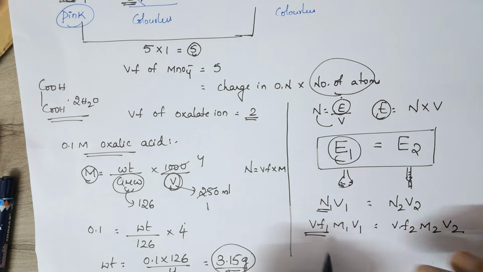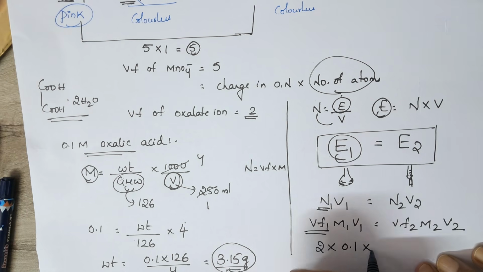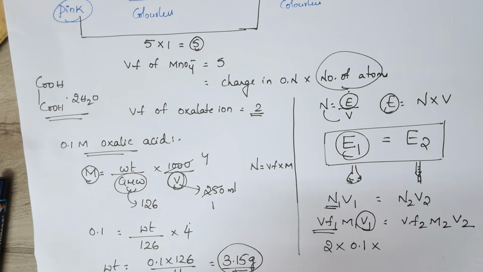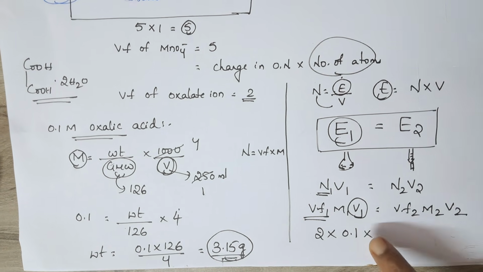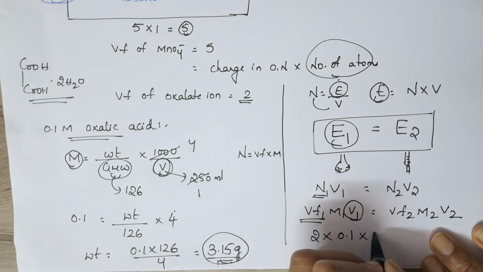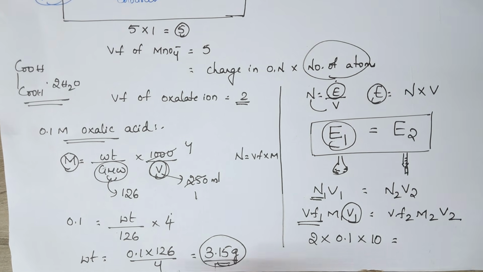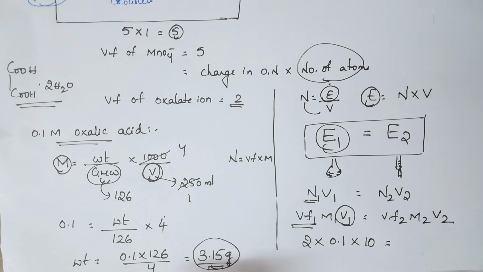Valency factor for oxalate ion is 2. Molarity we prepared is 0.1. Volume is what we took through the pipette; here I have taken 10 ml. But if in your case they give a 20 ml pipette, you should substitute 20 ml. I have taken a 10 ml pipette because in lab time we should maximum give 10 ml only, otherwise students find it difficult to get the value.